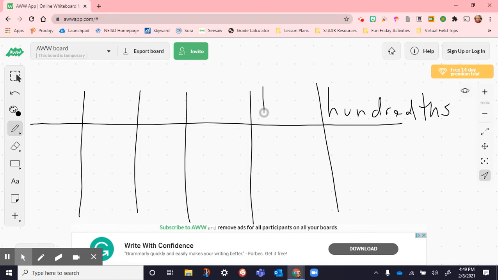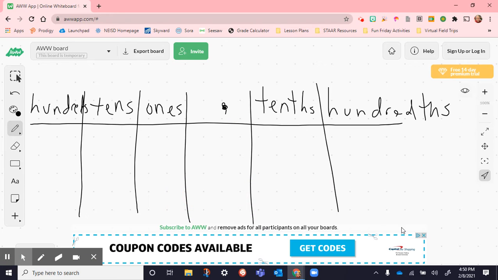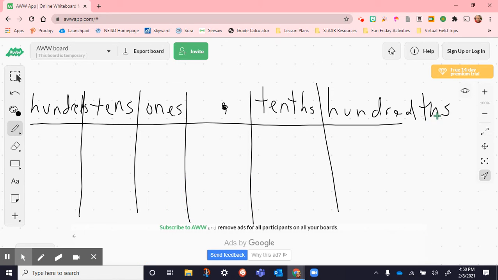Next door is the tenths. Then we have our decimal point. Then we have our ones, our tens, and our hundreds. All right, hundreds, tens, ones, decimal point, tenths, and hundredths.